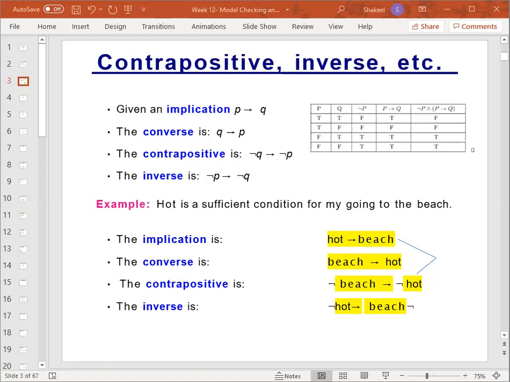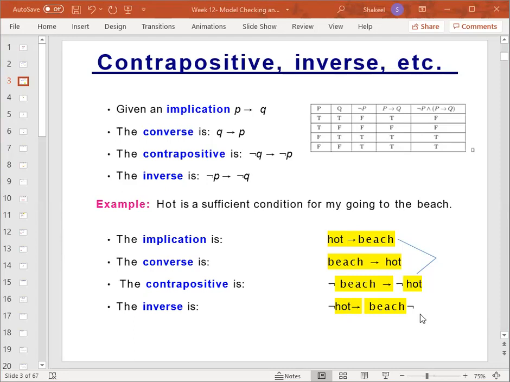The contrapositive of this implication, hot implies beach, would be not beach implies not hot. While the inverse, which would be the contrapositive of the converse, would be not hot implies not beach. And again, these two elements are logically equivalent.